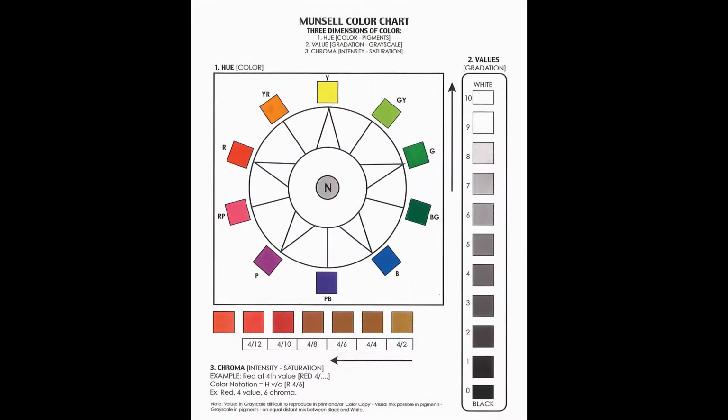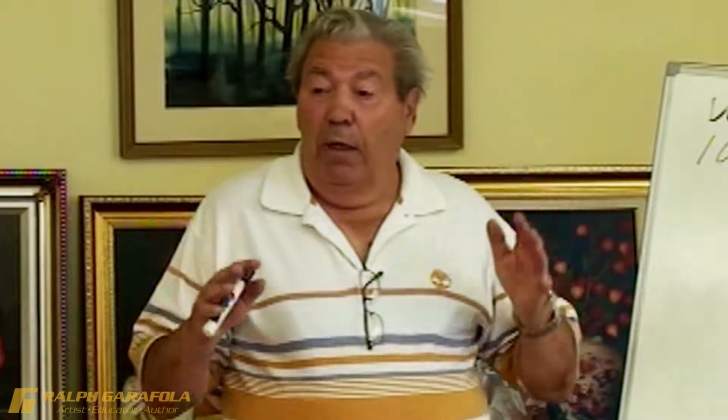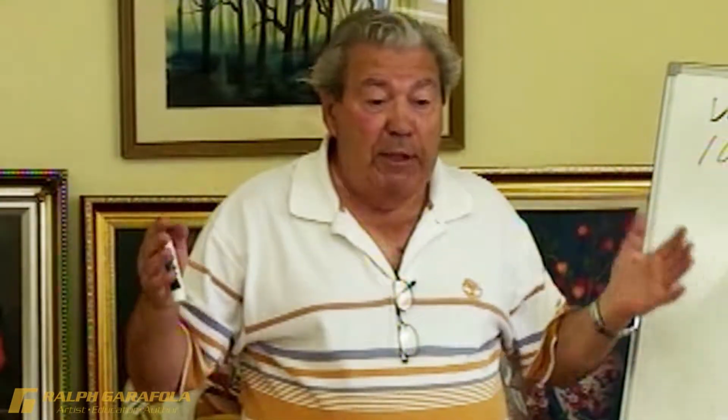And what they figured out was that, first of all, in nature, everything is out there, and we have to duplicate nature if you're painting realism with the equipment that we have over here. So all we have is white and black. That's all. And what's in between. We can't go brighter than white, we can't go darker than black, but we can go in between.